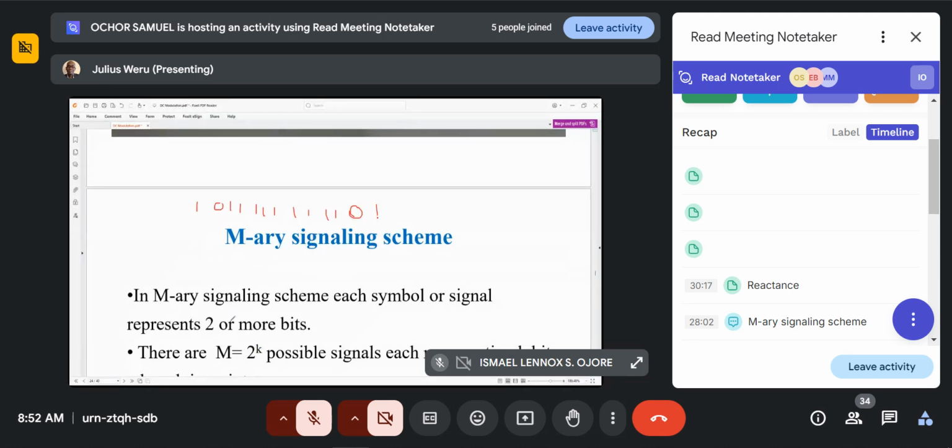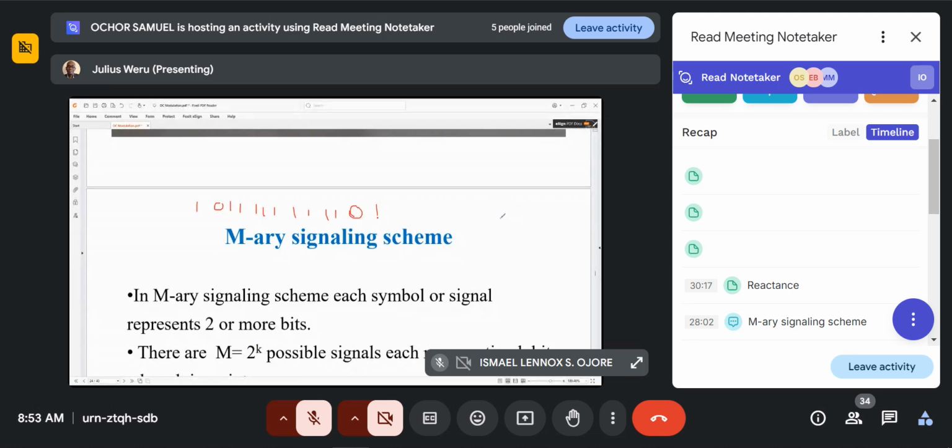But if that signaling rate can remain the same, but each signal carries more bits, that's the whole concept behind MRE signaling. With one signal change, if it's 16 QAM, you are carrying 4 bits.